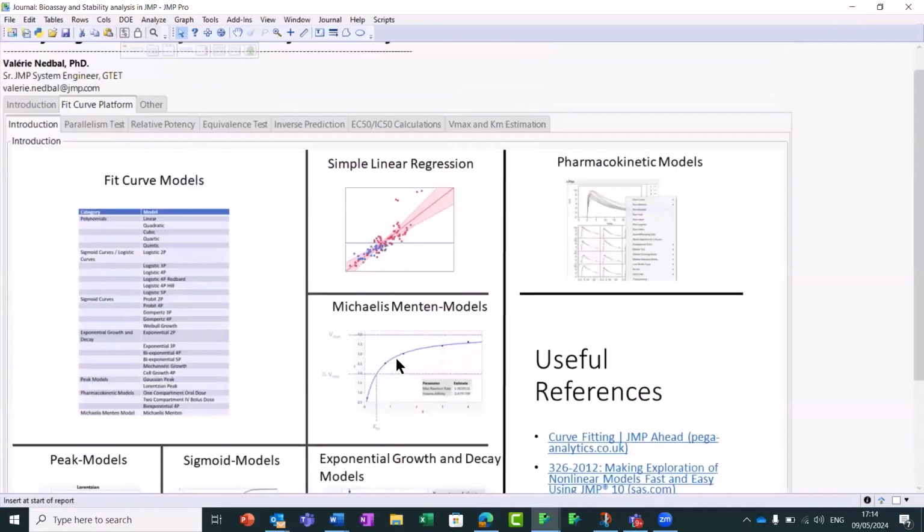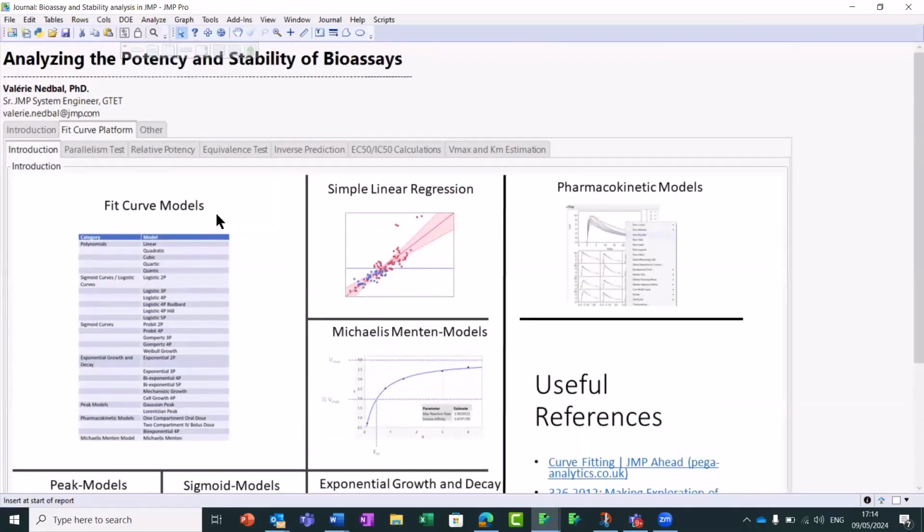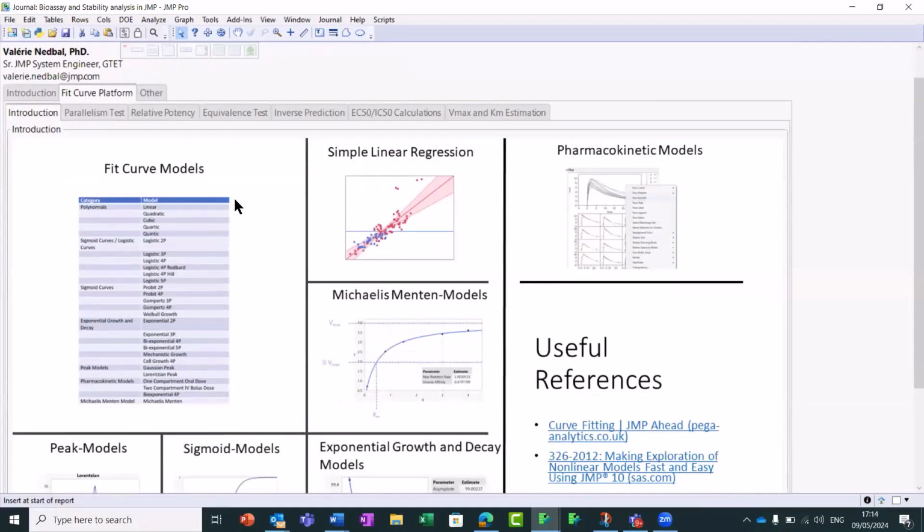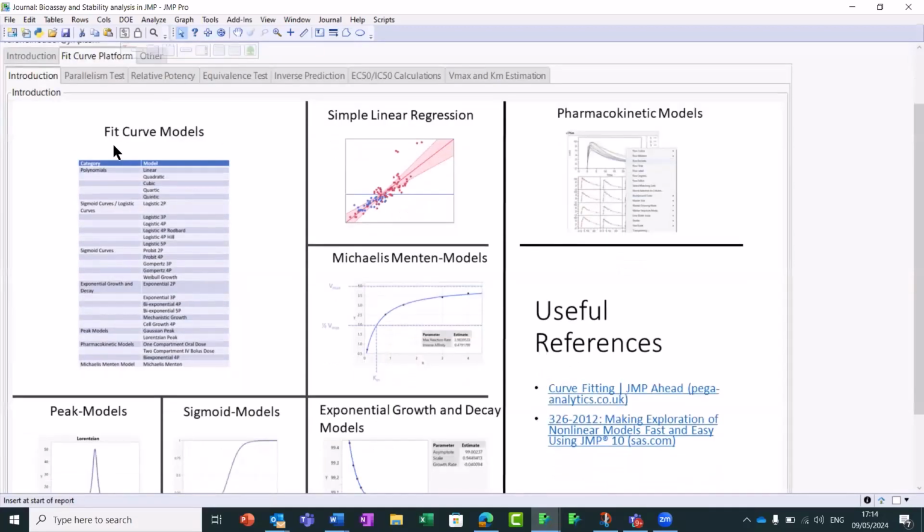All right, so this was a little introduction on the Fit Curve platform. Of course, I will use this Fit Curve platform all the time in my presentation, so you will be very familiar with it once I am at the late stage of my presentation.